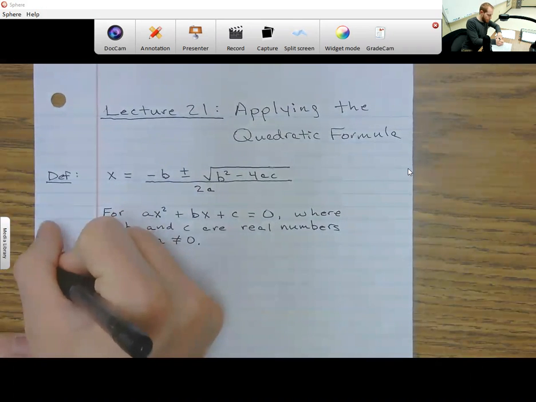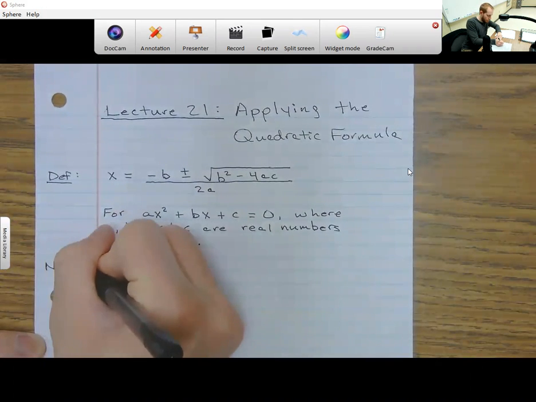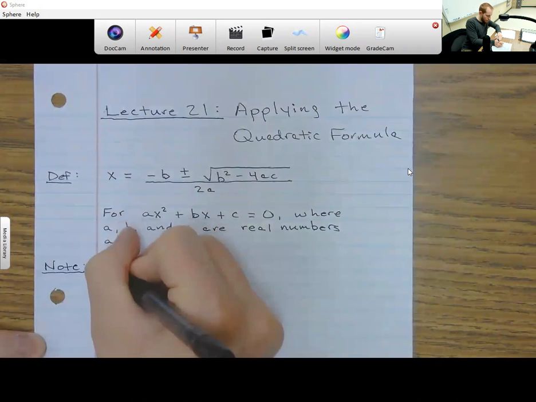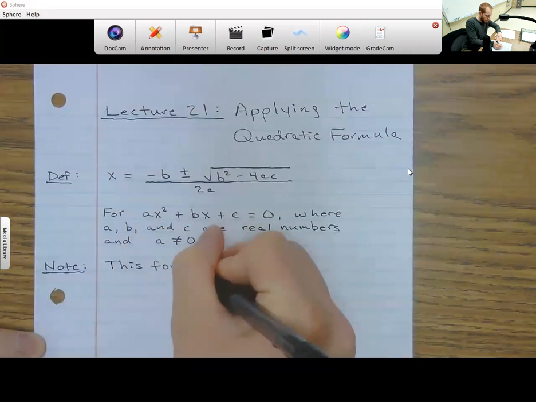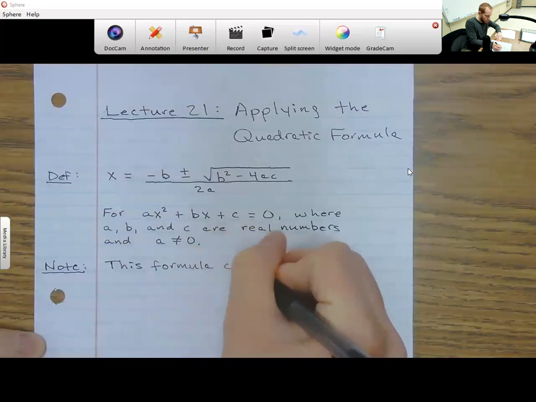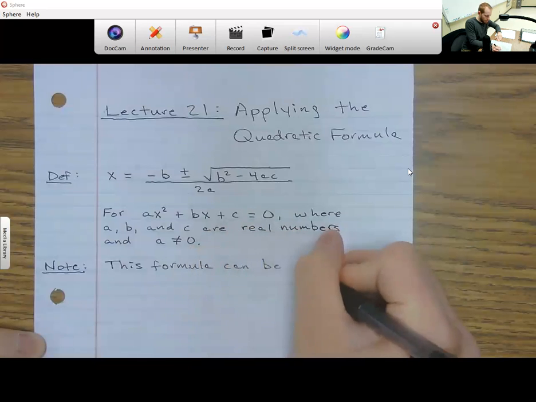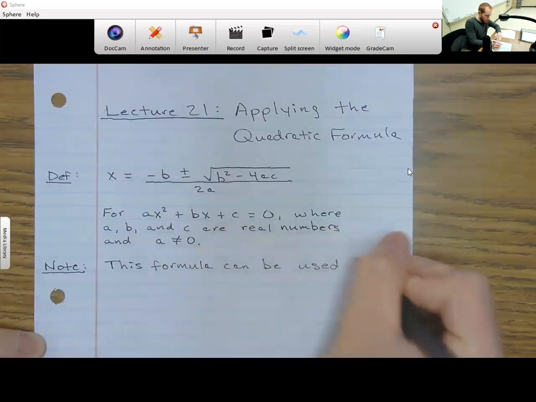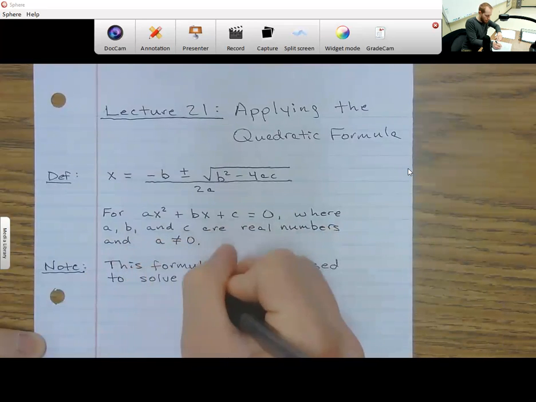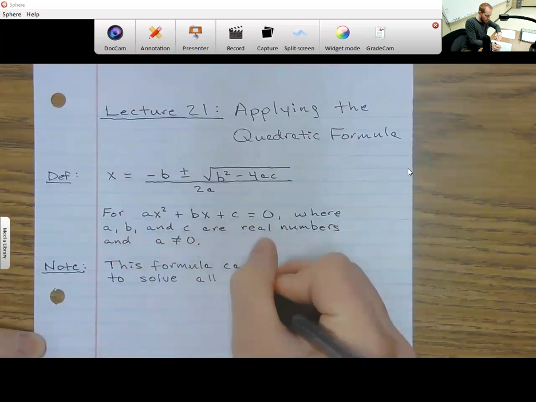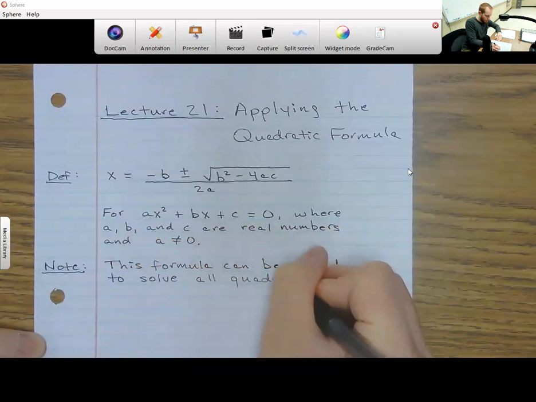Note. Here's a note. This formula can be used to solve all quadratic equations.